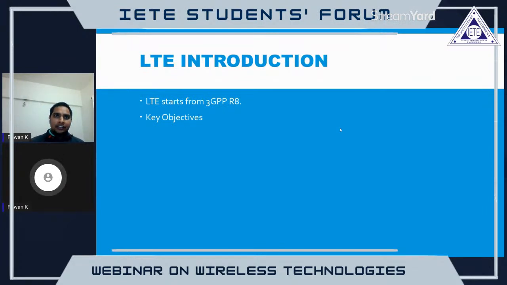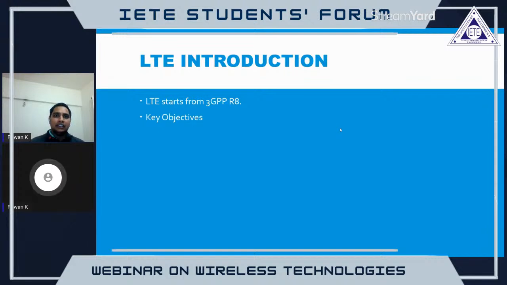As part of the introduction, LTE stands for Long-Term Evolution, and the LTE system started from the 3GPP release date. What does 3GPP mean? The first question in everyone's mind would be what the 3GPP and the release date are. 3GPP is the Third Generation Partnership Project, and different releases have been made by the 3GPP, which indicate that different features have been added in different releases.